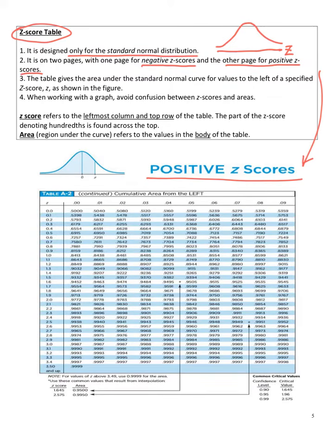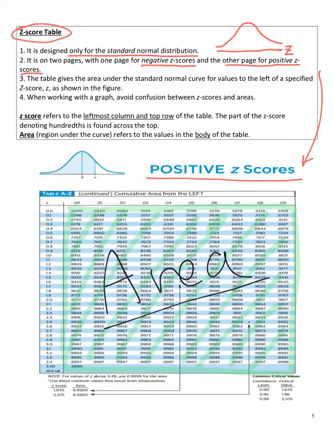All right, number 3. The table gives the area under the standard normal curve for values to the left of a specific z-score. So these values that are in the body of the table, the part that I shaded green, everything in here represents area.